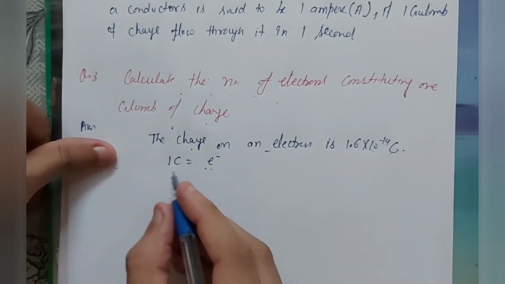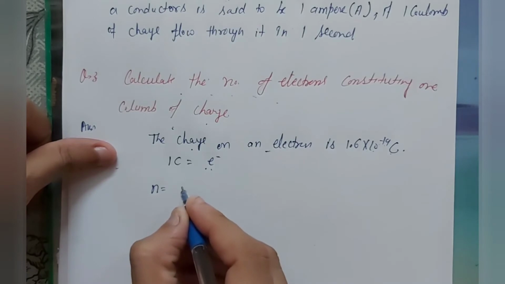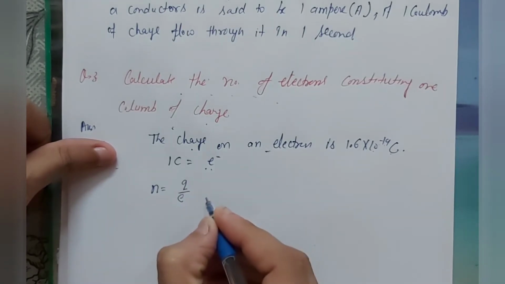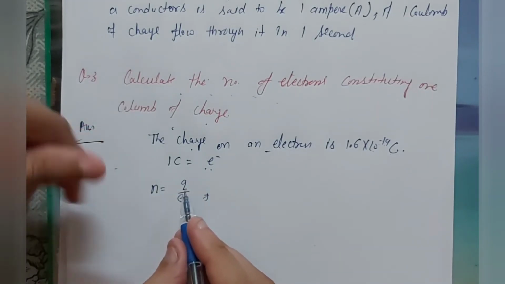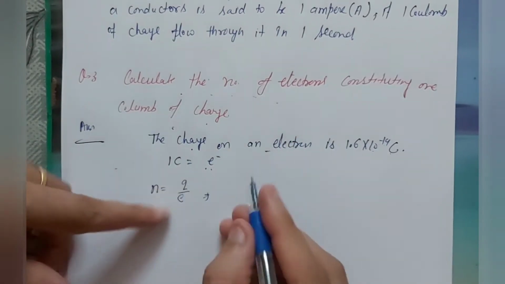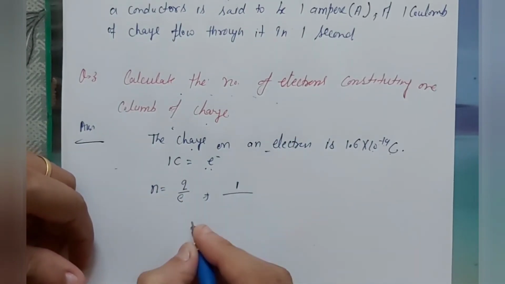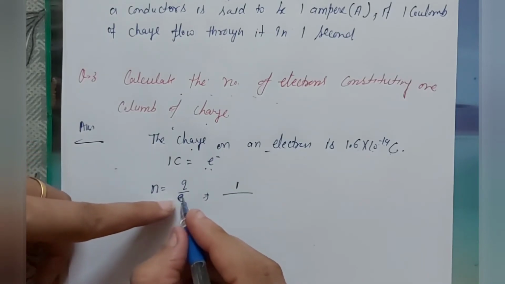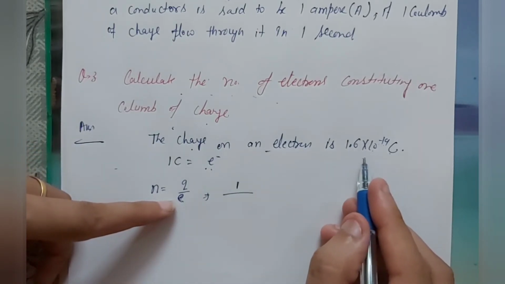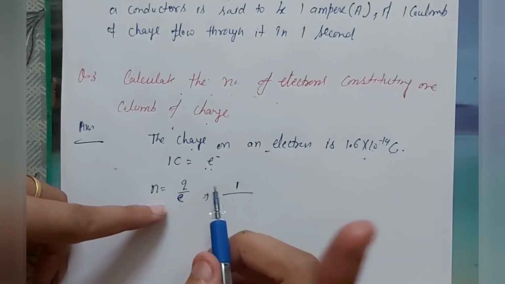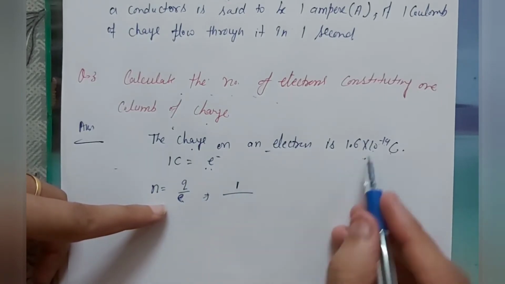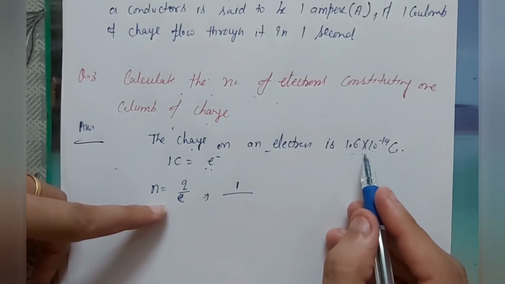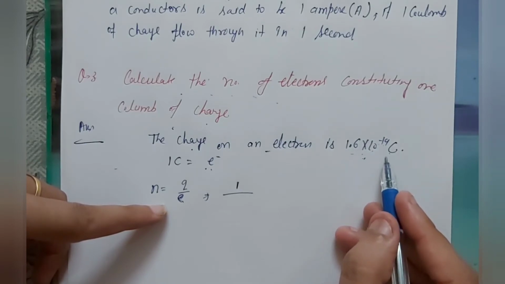For this the formula is N is equal to Q divided by e. We have to find it for only one coulomb of charge, so take the value 1, and we know that in 1 electron there are 1.6 into 10 raised to power minus 19 coulombs of charge.